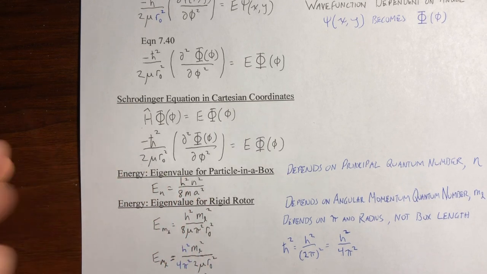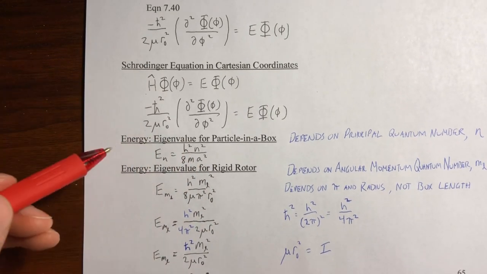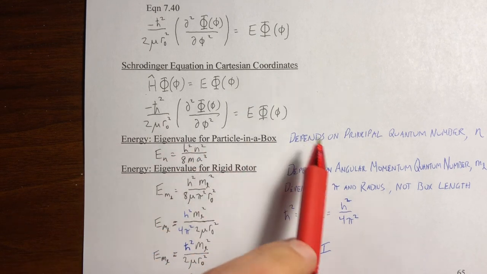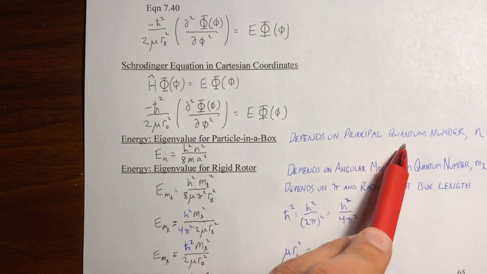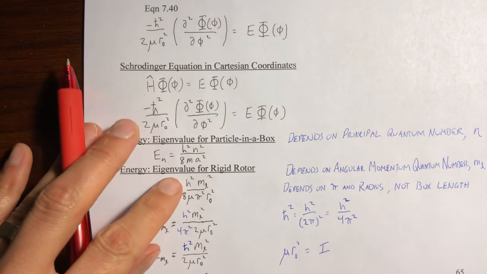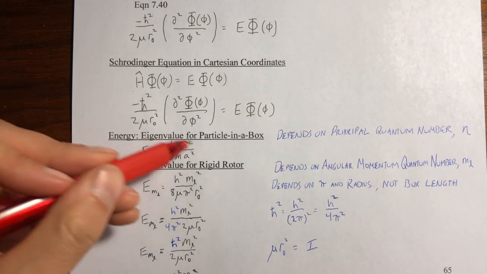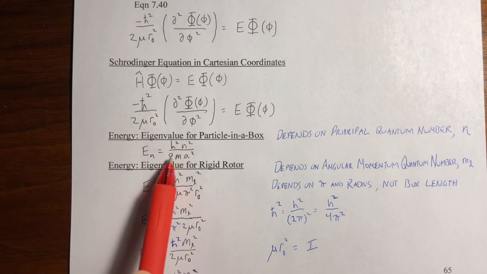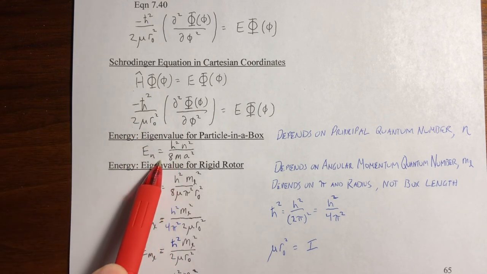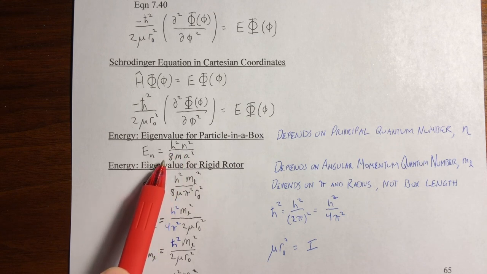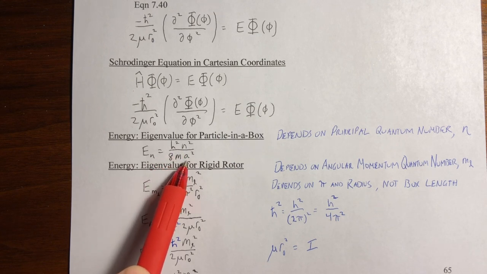Now, our energy eigenvalue for a particle in a box depended only on principal quantum number n. And so our eigenvalue equation looked like this. We have Planck's constant h squared times principal quantum number n squared divided by 8 times the mass times box length a squared.